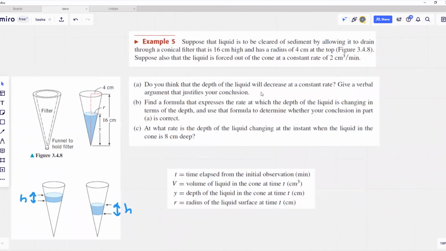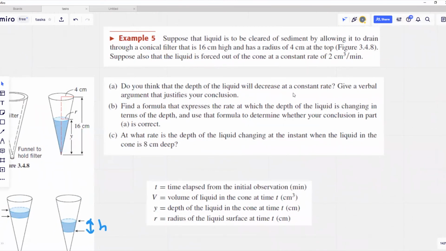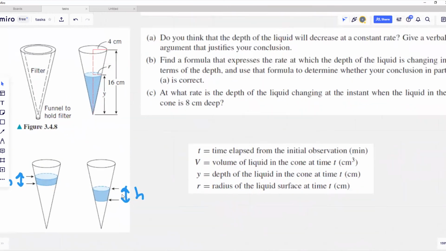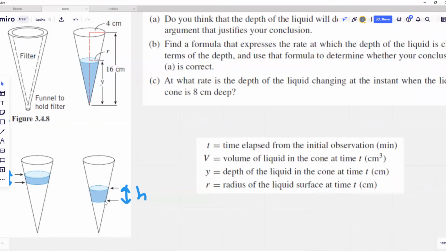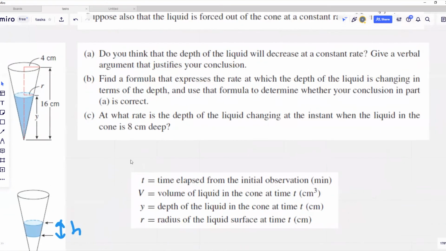So our answer to the first question is we do not think that the liquid will decrease at a constant rate. In fact, we will assume that the depth of liquid will drain out faster closer towards the bottom of our filter cone.